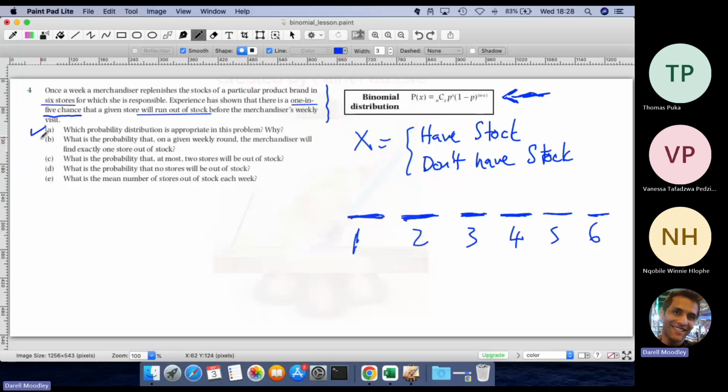Now let's get down to the calculation question. For question B: what is the probability that on a given weekly round, the merchandiser will find exactly 1 store out of stock?